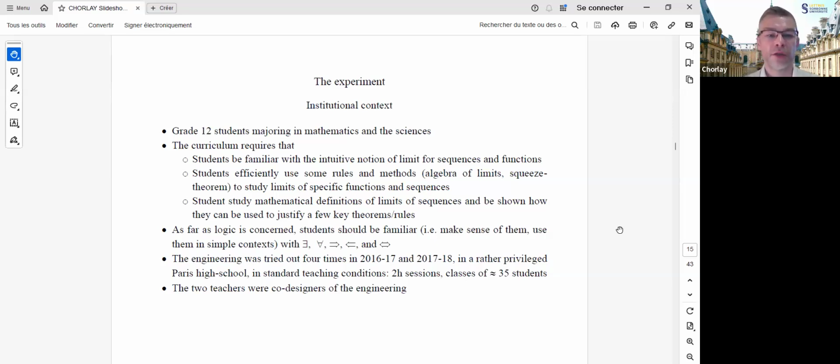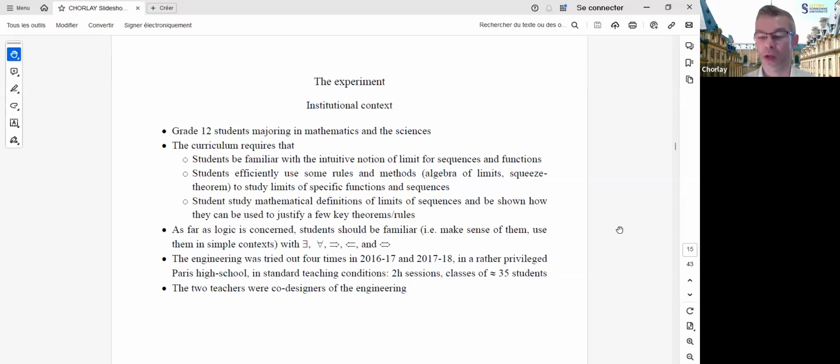But still, students are to study mathematical definitions of limits of sequences, and the teacher in grade 12 is supposed to show them how this definition can be used to justify, prove at least a few of these theorems and rules. So we're addressing students who have some intuitive knowledge of limits, probably partly incorrect, and some experience with using the algebra of limits, etc.